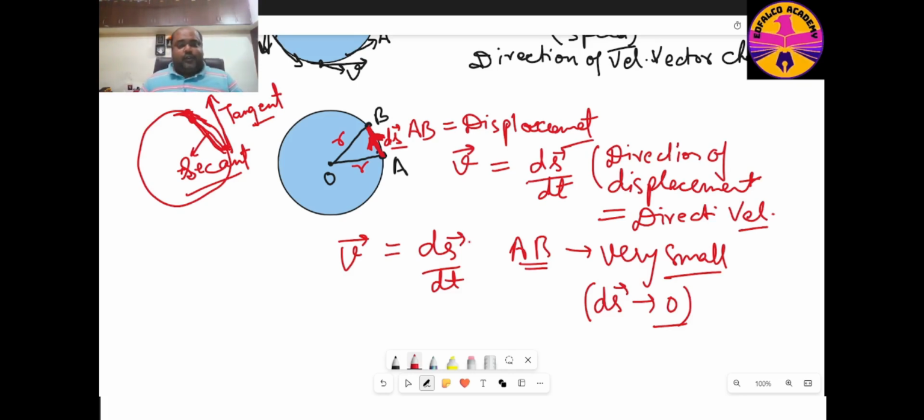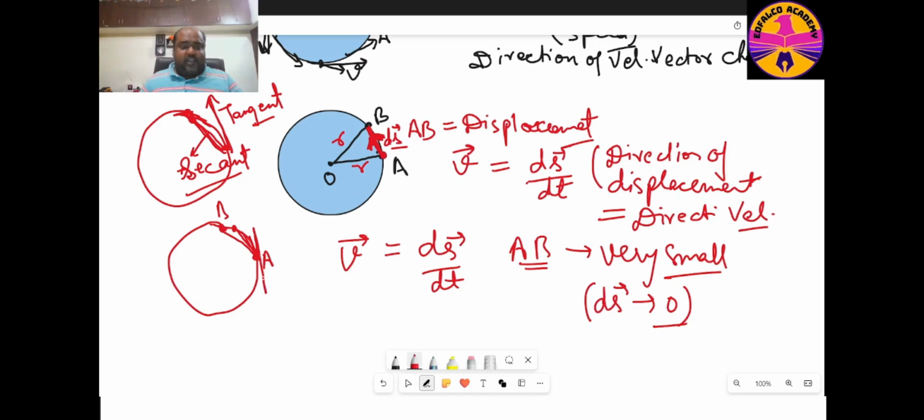In that case, the point B will become so close to A that this line AB will actually collapse at the point A. So what I mean to say is that in a circle, suppose point A is here, point B is here. If this is the chord which was being made, and I start moving the point B very, very close to A, ultimately a time will come when it will be so close that it will be just a line over here itself.